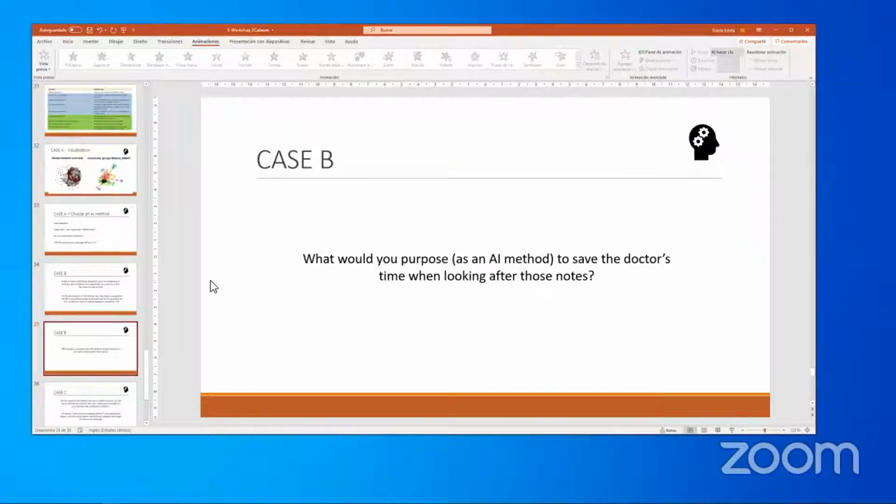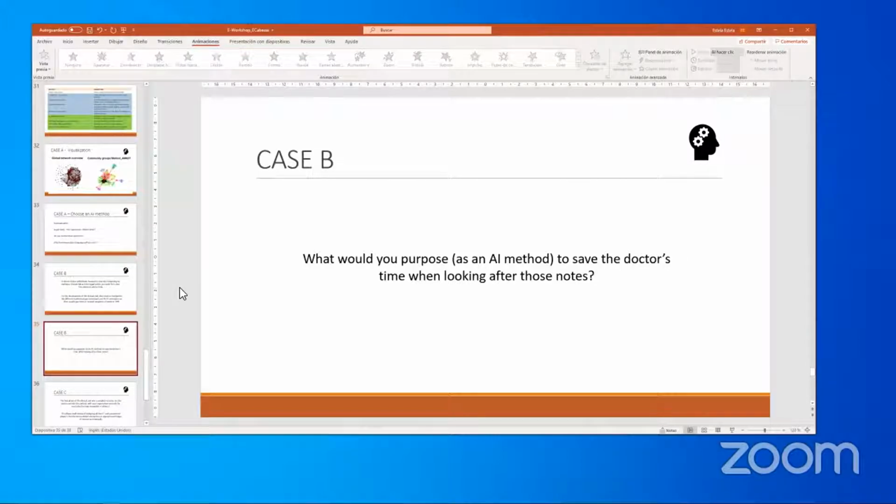So, which AI method would you propose to save the doctor's time when looking after those notes? So the doctor gets the CT scans and he needs to go to the electronic health record to see which problems there had been when acquiring these scans. So which method would you propose? For example, we saw the natural language processing, deep learning.